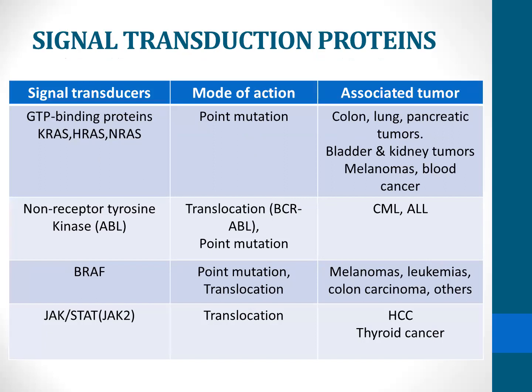Oncogenes may also be signal transduction proteins, which include GTP binding proteins, non-receptor tyrosine kinases, BRAF, and JAK2. When they undergo mutation, they are associated with various tumors.